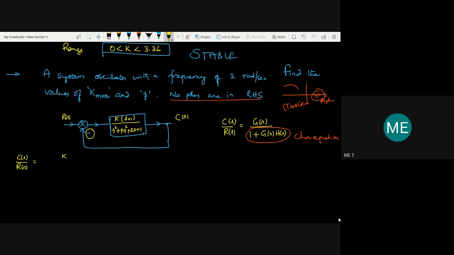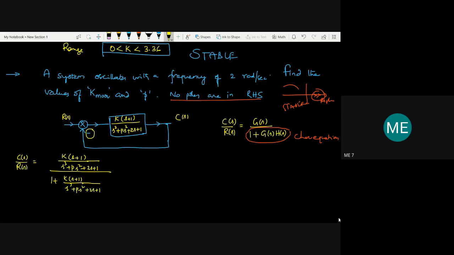So k into (s plus 1) divided by (s cube plus ps square plus 2s plus 1), I can write 1 plus k into (s plus 1) divided by (s cube plus ps square plus 2s plus 1) into h of s is 1.